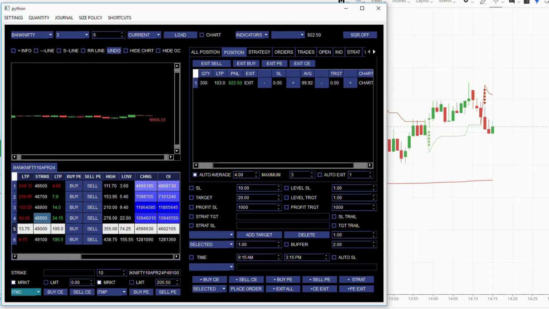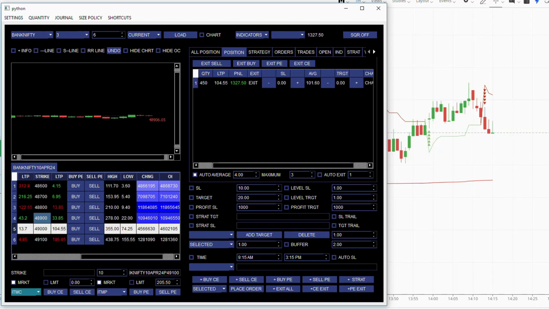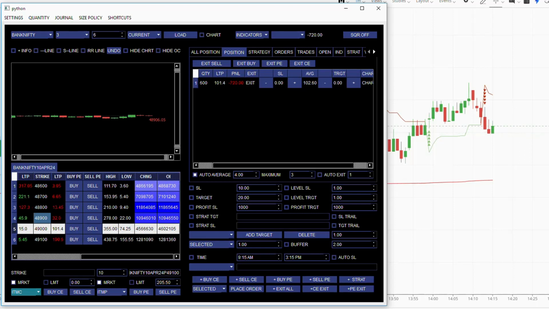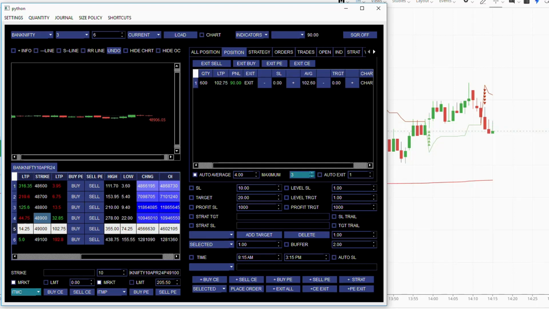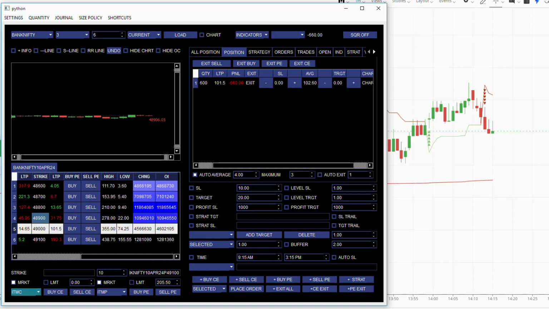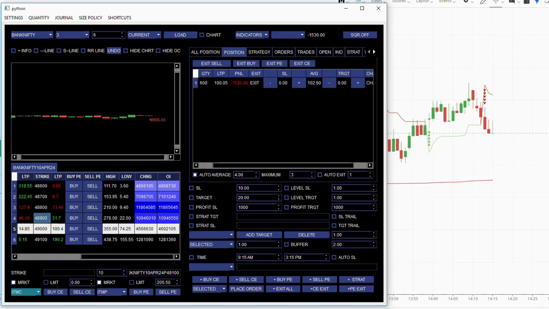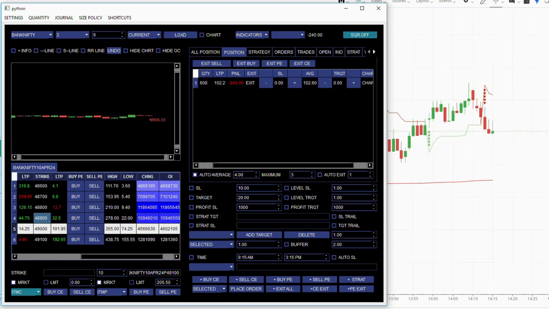Our average price is 99 and again 150 quantities added. Again 150 quantities added. Totally 600 quantities. Our maximum orders are placed. From 150 it has reached 600 quantities. This is how auto averaging in the positive direction works. Okay, I'm squaring up this position now.